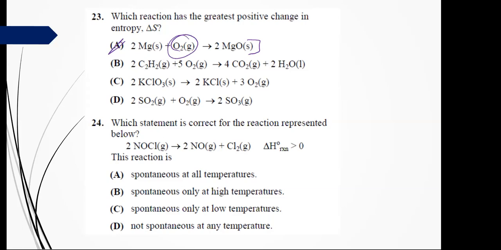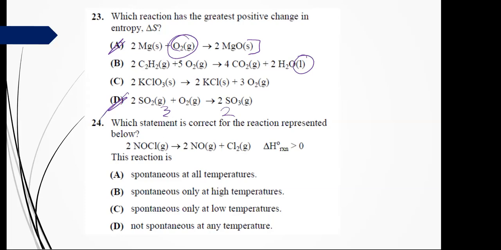D, we're going from 3 moles to only 2 moles. So that's also not going to be there. Now for B, we go from 7 to 4, which is also bad, but we also make a liquid out of that, which is also working against us.